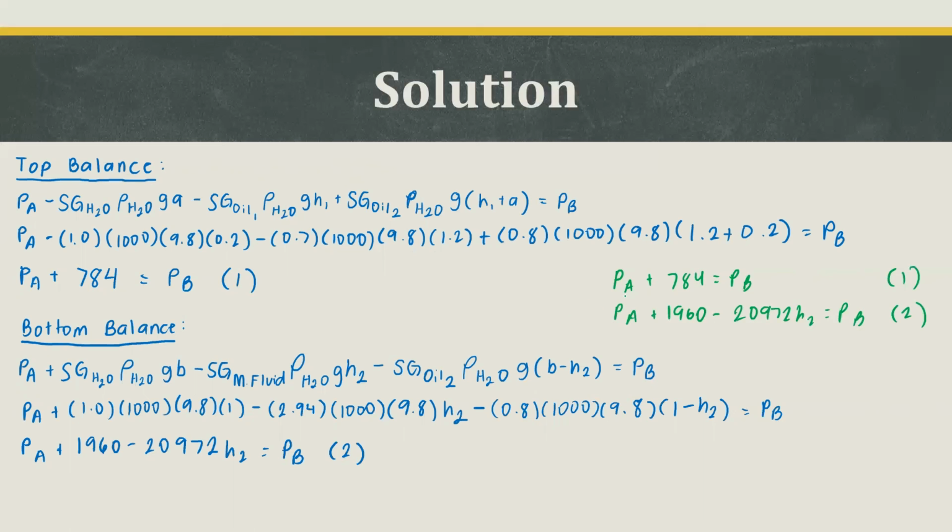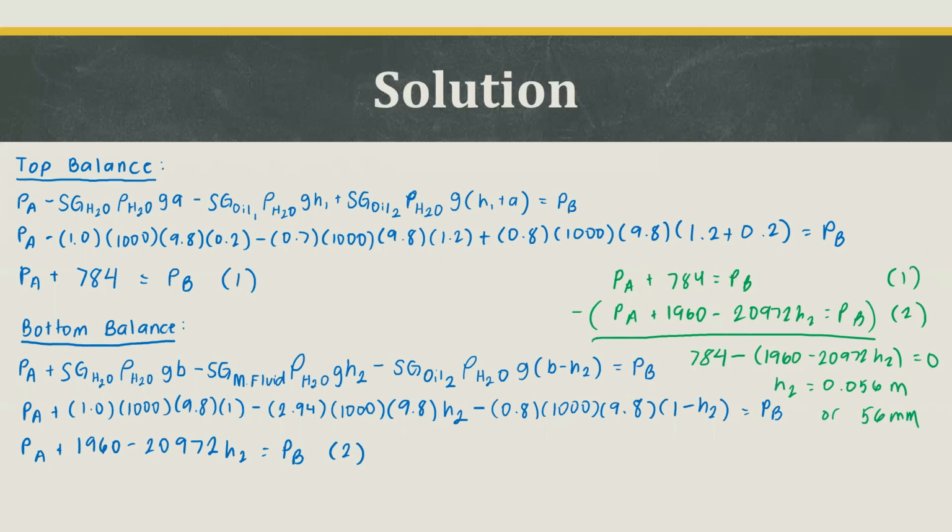That cancels the P sub A and the P sub B. So we're left with 784 minus 1960 minus 20,972 H2 equal to 0. And then solving for H2, we should get 0.056 meters or 56 millimeters. And that's now our answer for H sub 2.